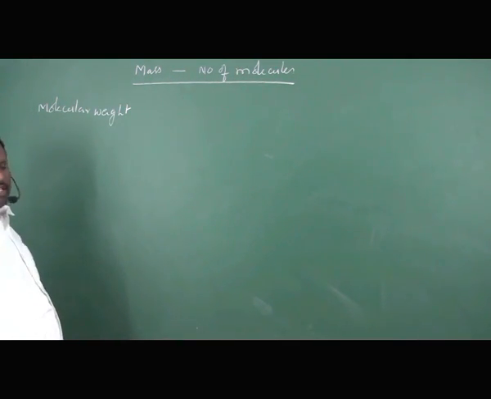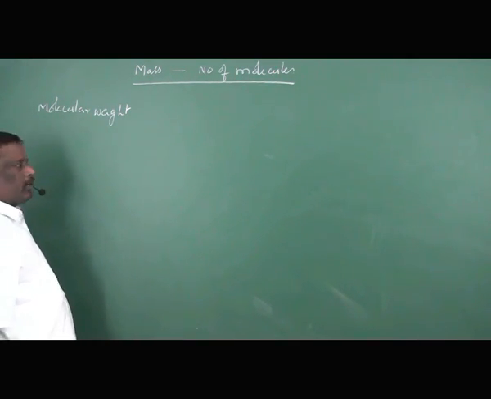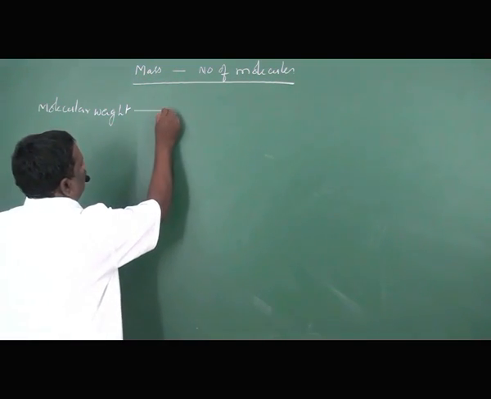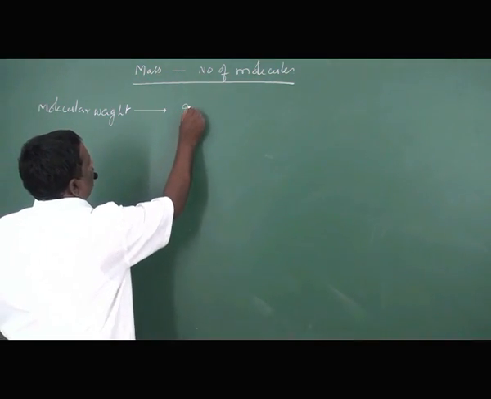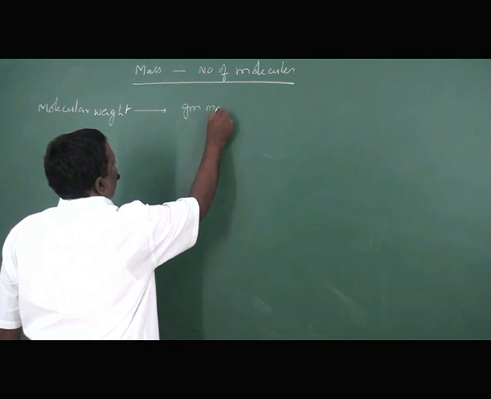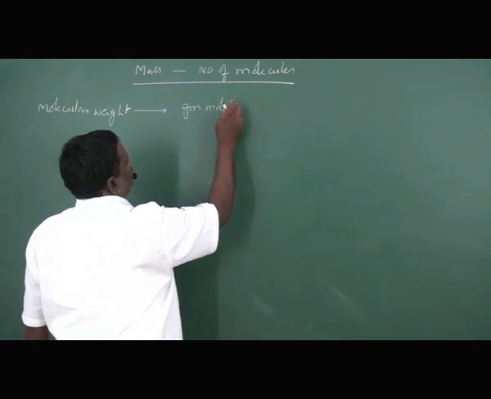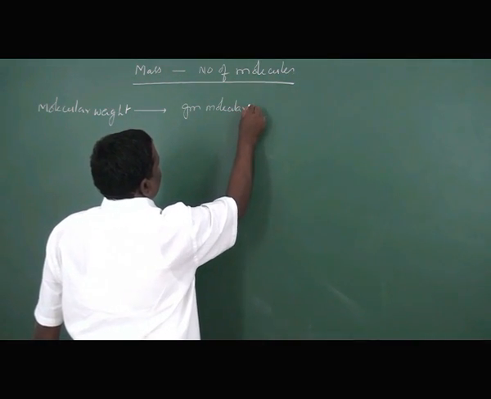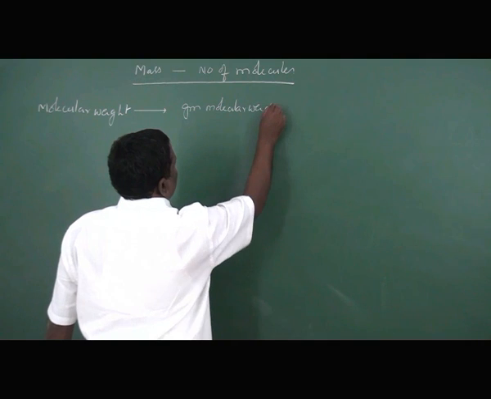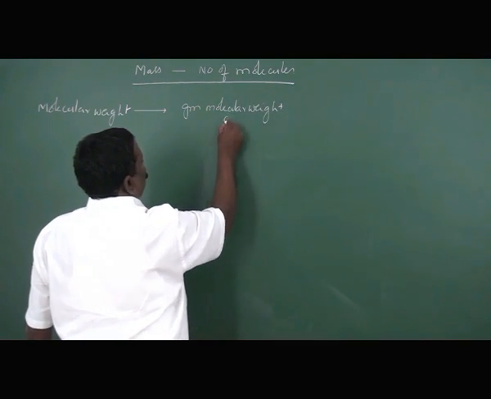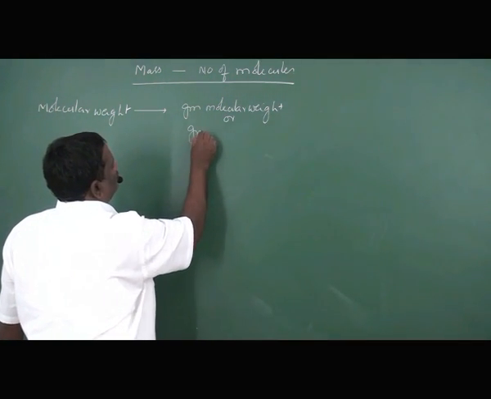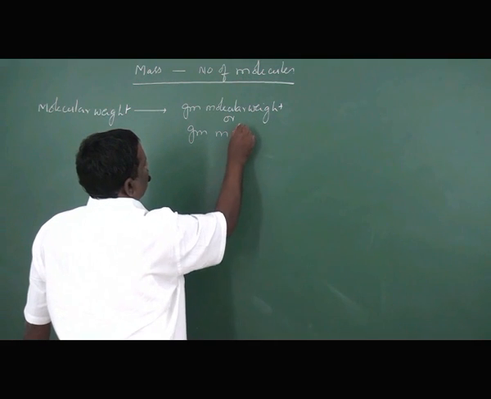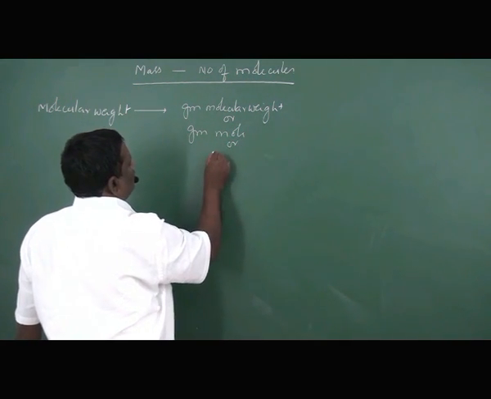If you take any substance in grams equal to its molecular weight, then it is said to be gram molecular weight. This is also called gram mole, and is also called mole.